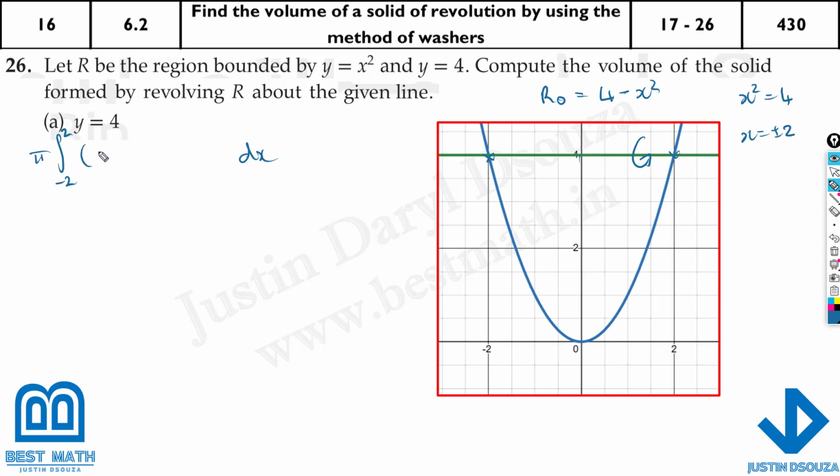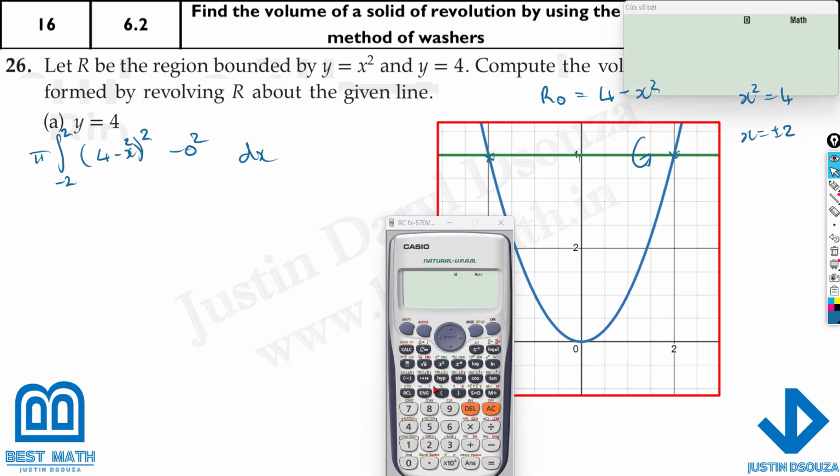And then you have the outer radius, that is 4 minus x squared, the whole squared, and it is minus 0 squared. That doesn't matter, ignore that. You don't need to write it as well. So the outer radius was this, and let's use the calculator and solve.